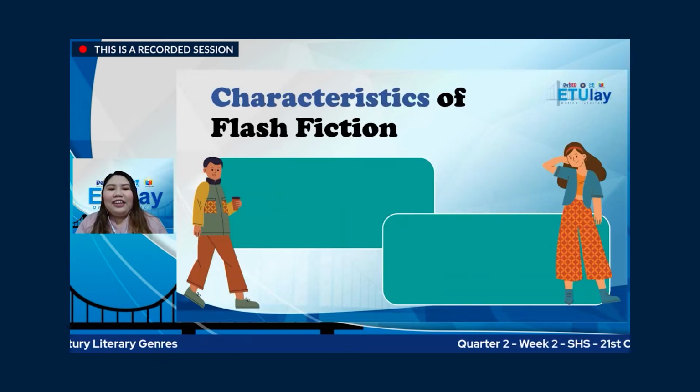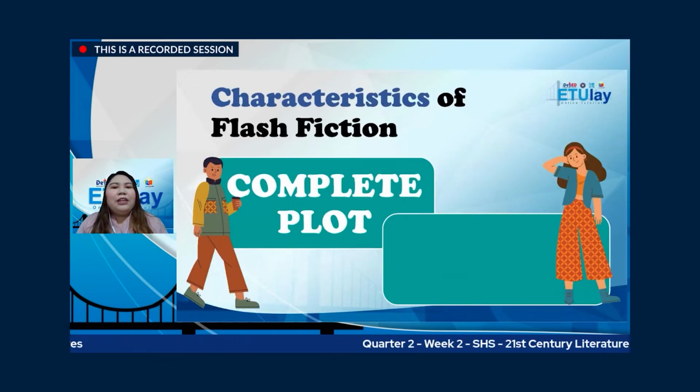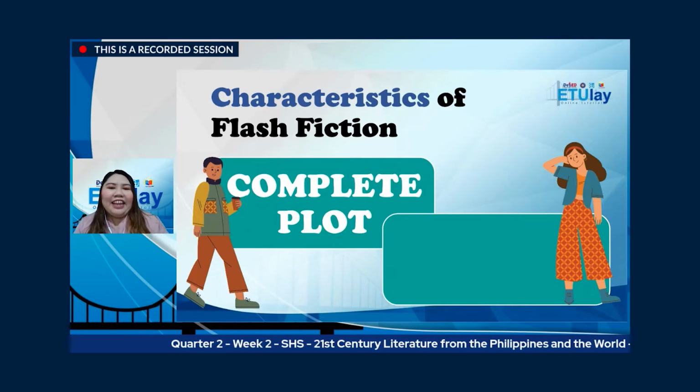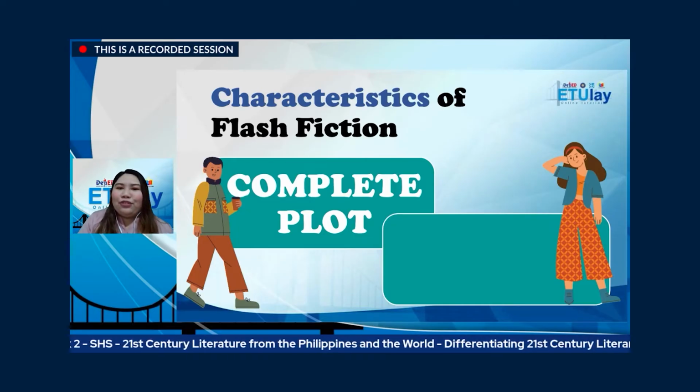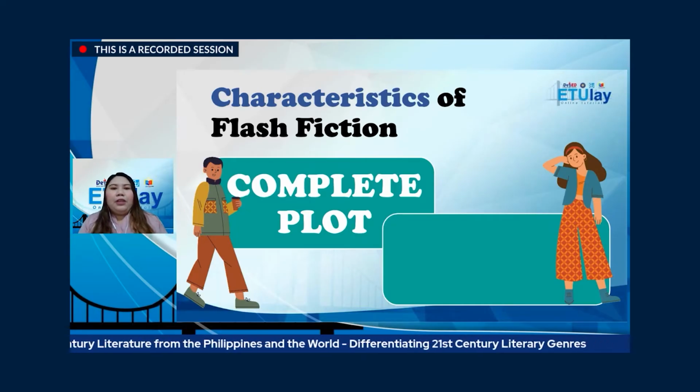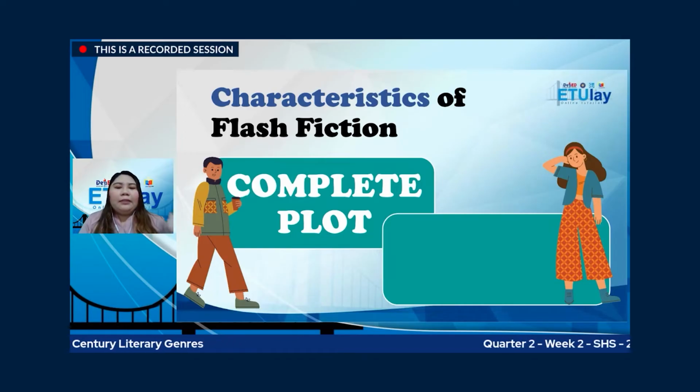Second characteristic of flash fiction, it has a complete plot already. It has the beginning, the middle, and the end. So a while back, remember the shoes of the baby? The beginning would be definitely, we can already imply from the story, that the baby wasn't born. That's the beginning.